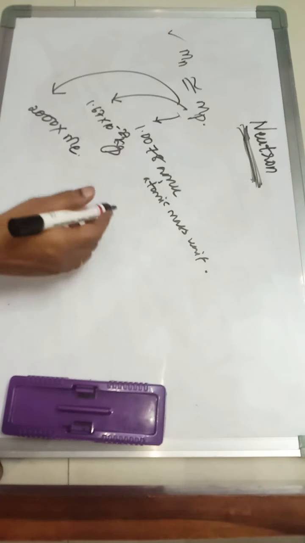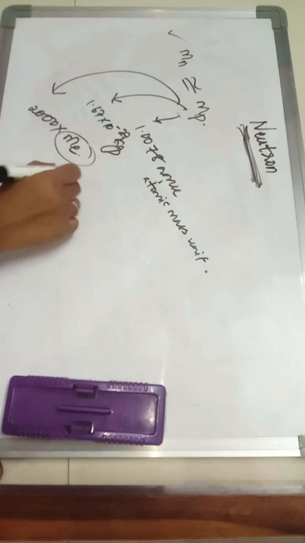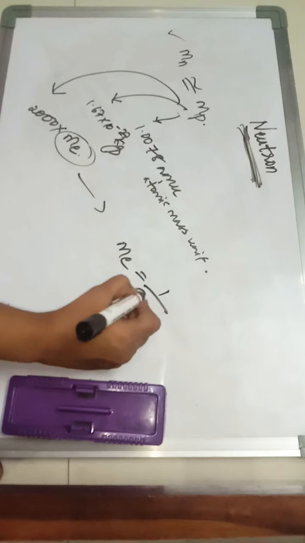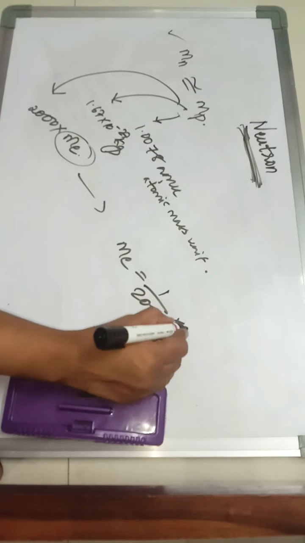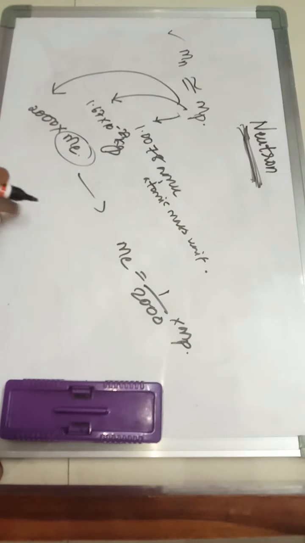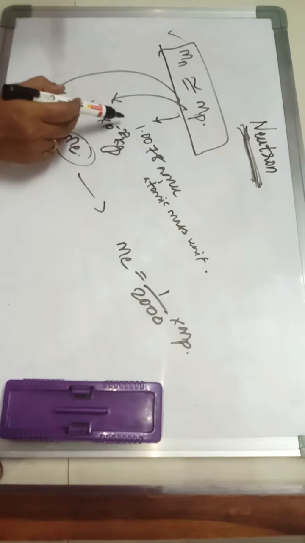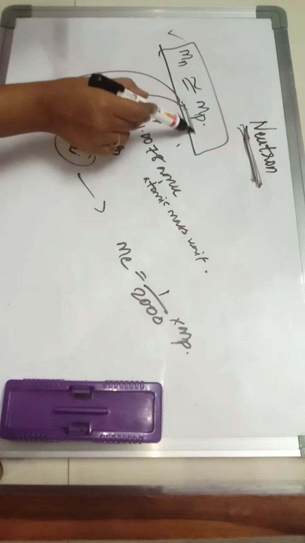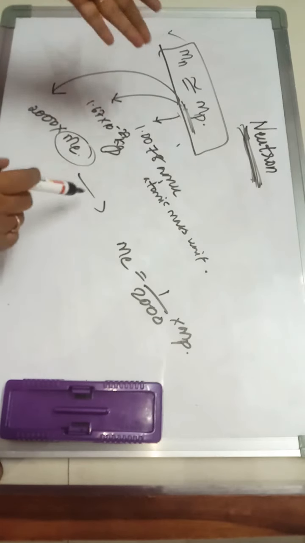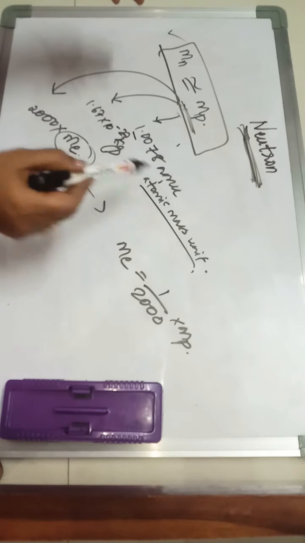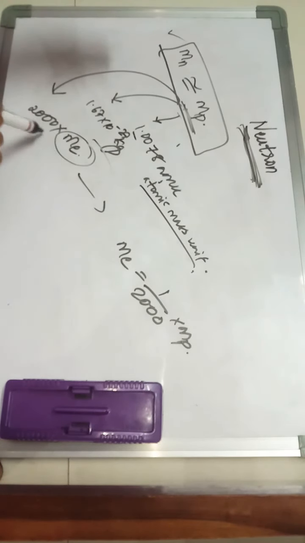The mass of the electron is expressed as m equal to 1 by 2000 into the mass of the proton. The mass of the neutron is approximately equal to the mass of the proton.